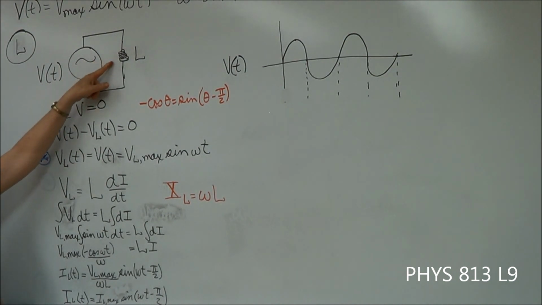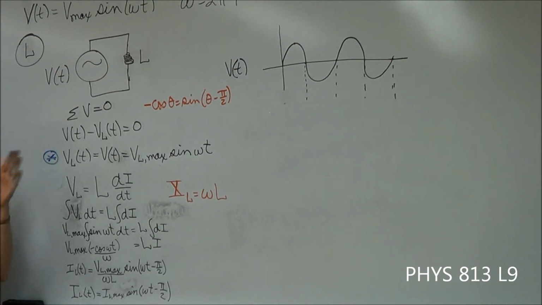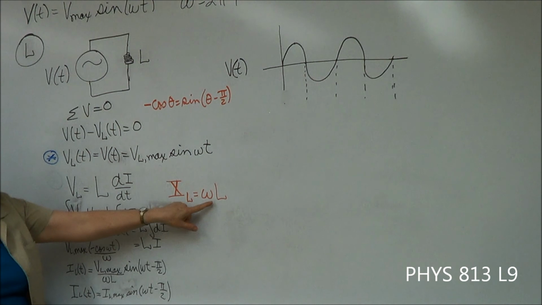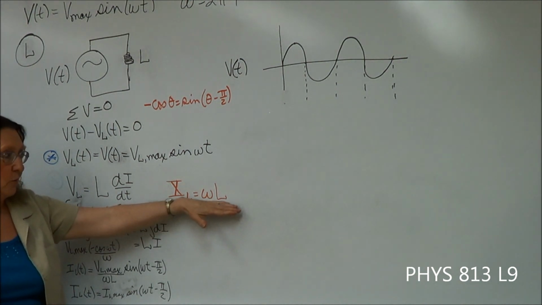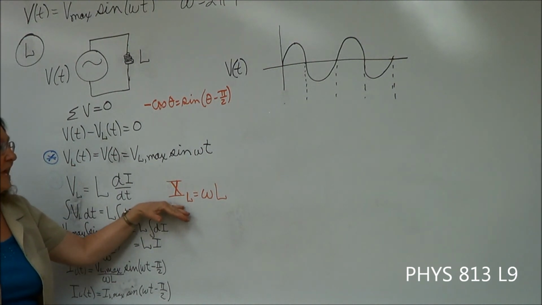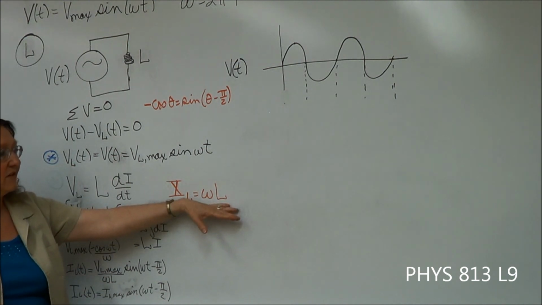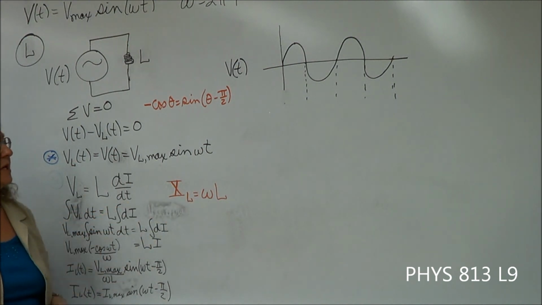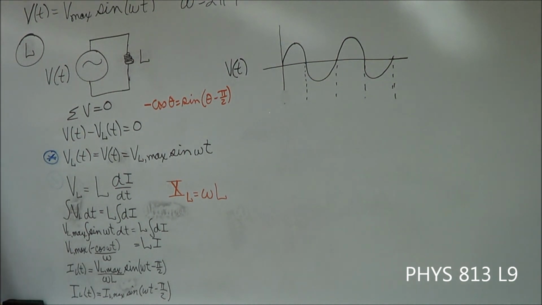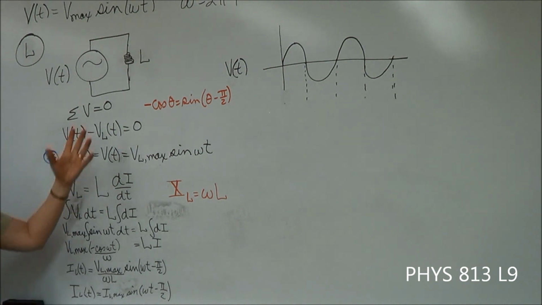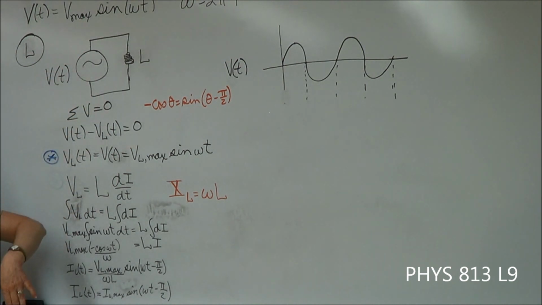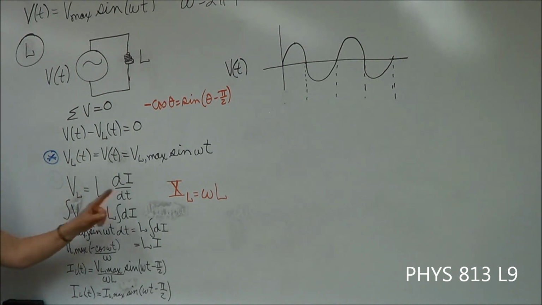So if the current is changing rapidly back and forth, which would be for high frequencies, then this is in the numerator, so the reactance is going to be significant when the frequency is a high frequency. If you have a low frequency, then it's going one way and then going the other way, so it's not changing very fast.